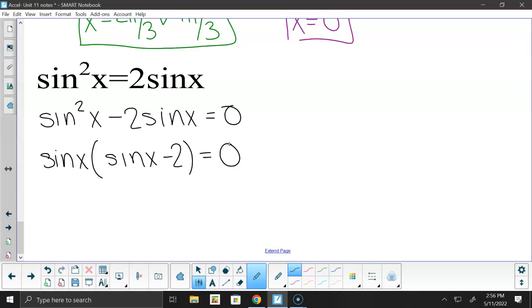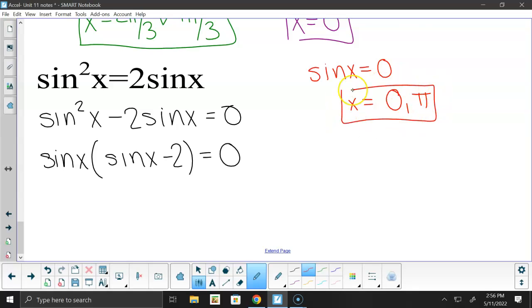I was going to say, now it's not as bad, right? So where does sine of x equal 0? 0 and pi, right? Yes, no, kind of. Does sine of x ever equal 2 on the unit circle?